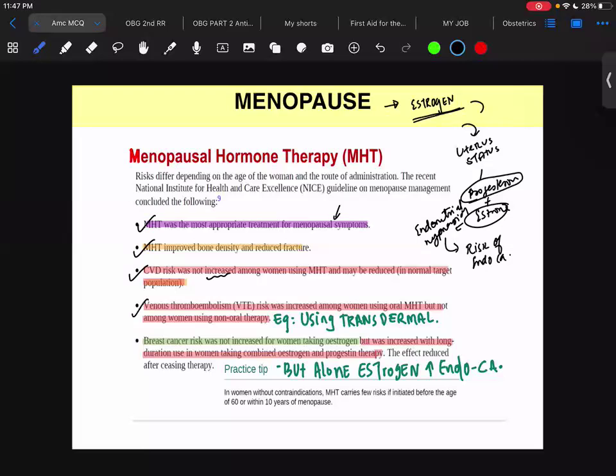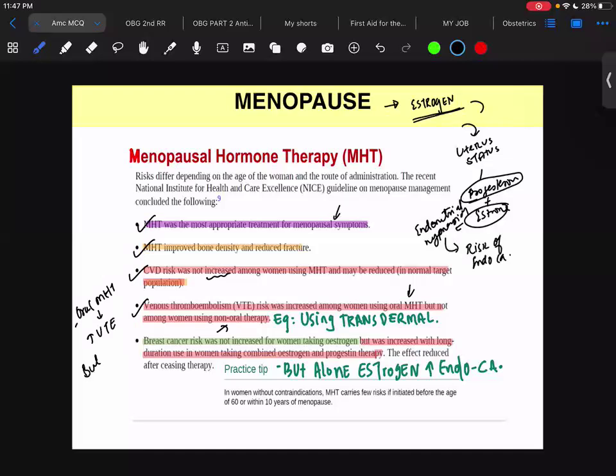Venous thromboembolism risk was increased among women using oral MHT, but not among women using non-oral therapy. So those patients who are taking oral MHT have a high risk of venous thromboembolism like DVT or pulmonary embolism later.